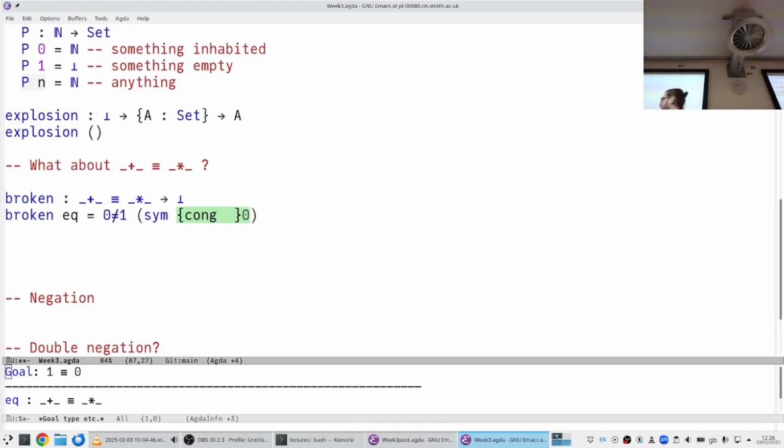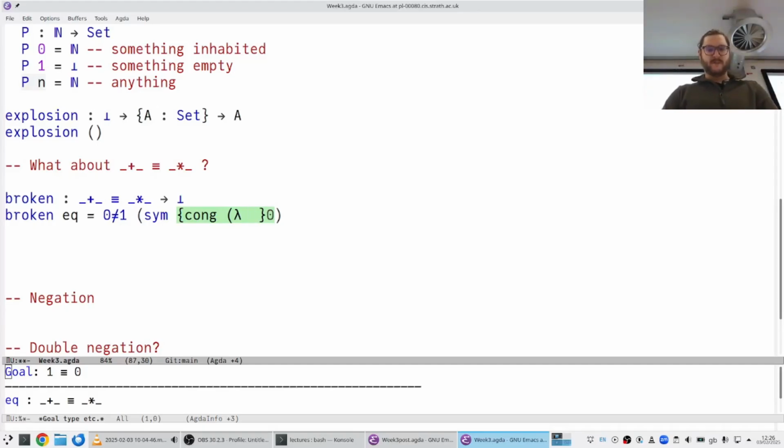And if you remember the definition of congruence, it's telling us that if we do the same thing to the left-hand side and to the right-hand side, if this is a valid equality, then the modified left-hand side and right-hand side will also be equal to each other. And so in particular, we can say 1 plus 0 is equal to 1 times 0. We're just slotting in 1 and 0 in the same position on both sides of the equation. So if plus equals times, then it should be true that applying them to equal arguments will yield equal values.